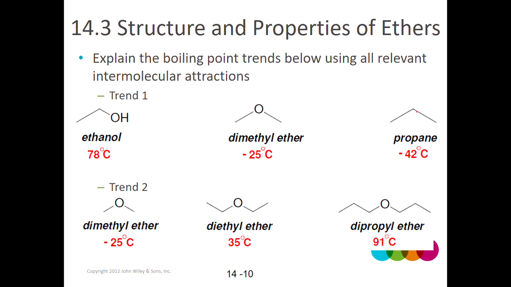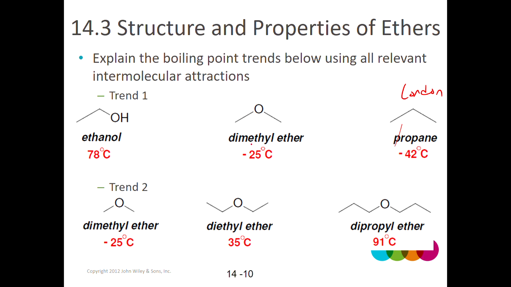If we compare propane versus dimethyl ether versus ethanol, which are very similar in mass, meaning they have basically the same number of electrons and the same ability to form London forces: the propane only has London forces, its attraction with another propane molecule is pretty minimal, and that's why it boils well below room temperature. Dimethyl ether is very similar.